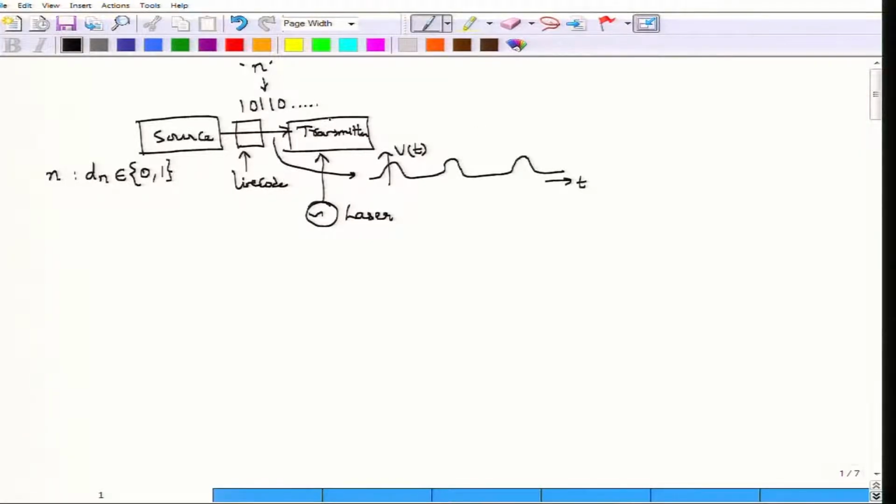This process of going from an electrical signal, it need not be these pulses, of course, it can be in general any electrical signal, to an optical signal, which is obtained by modulating a laser, is called electrical to optical conversion.